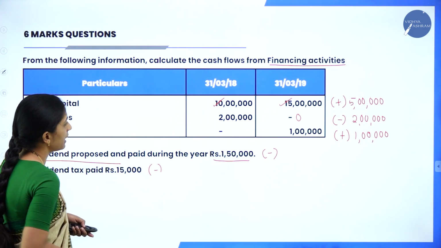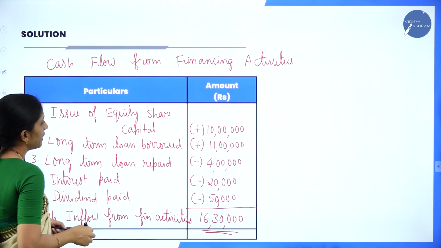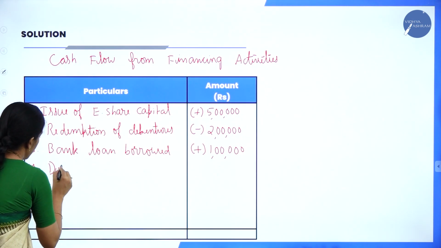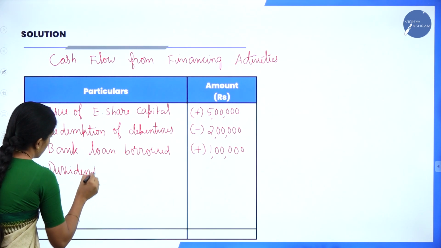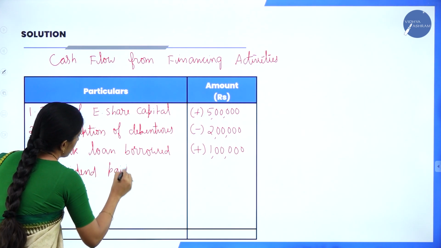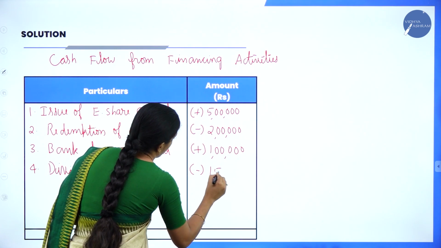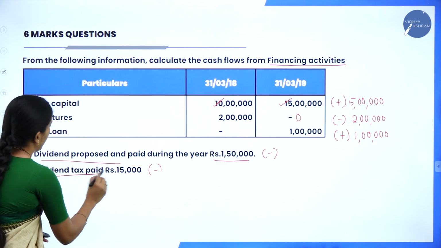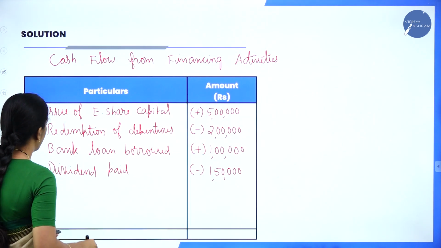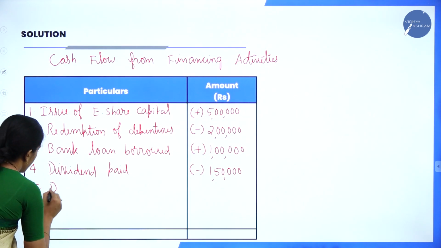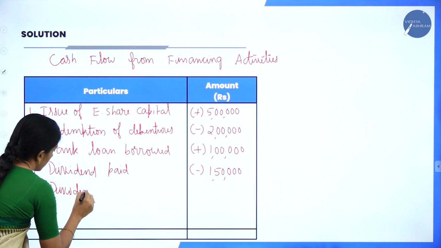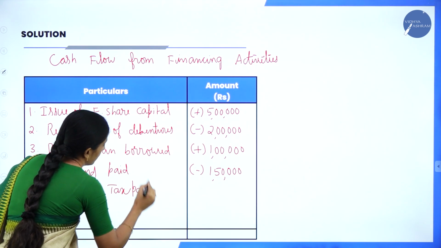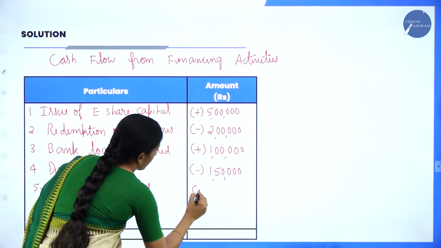So dividend paid is minus 1,50,000. After that, dividend tax paid 15,000. So it is also minus. So dividend tax paid minus 15,000.